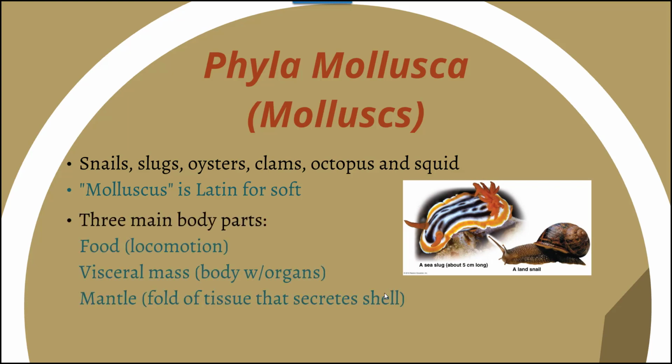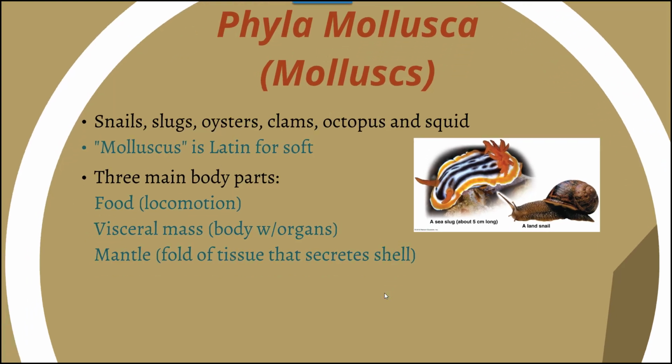They have three main body parts: a foot for locomotion, a visceral mass, which is their body with organs for all sorts of fun things like digestion and reproduction, and then something called a mantle, which is a fold of tissue that is able to secrete a shell in some of these organisms. Obviously, a sea slug would not have the ability to create the same structure as a snail.